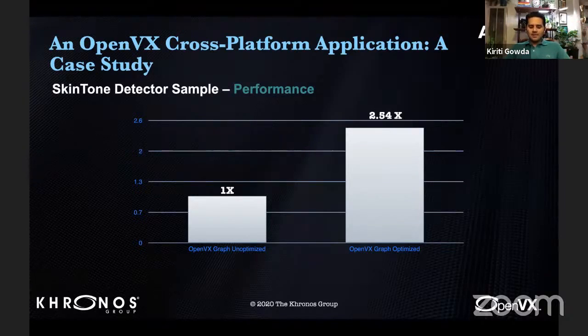That does not allow the graph optimizers to look at your whole application and do the optimizations that are built in. So you can see on the left, the simple application without the optimization, base level 1x, gives you about 2.54x when compared to just using the graph optimizations by eliminating or fusing a few nodes here and there.